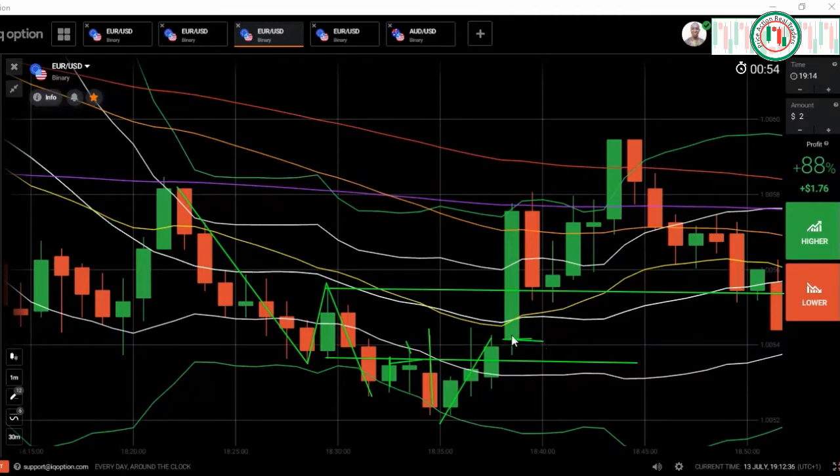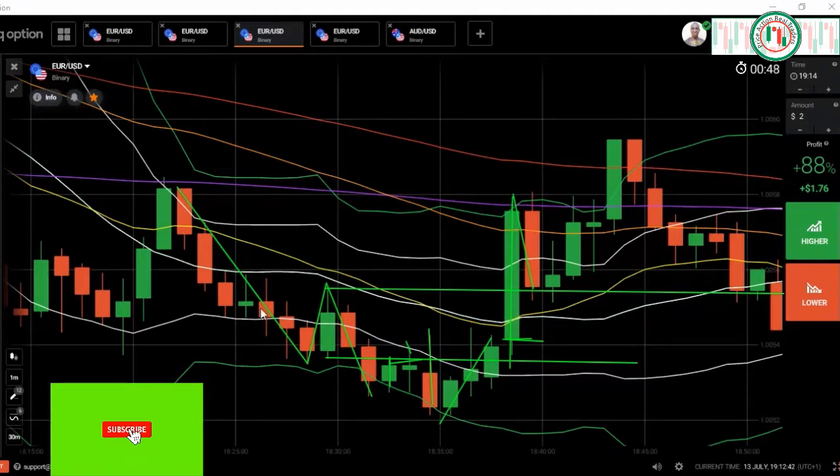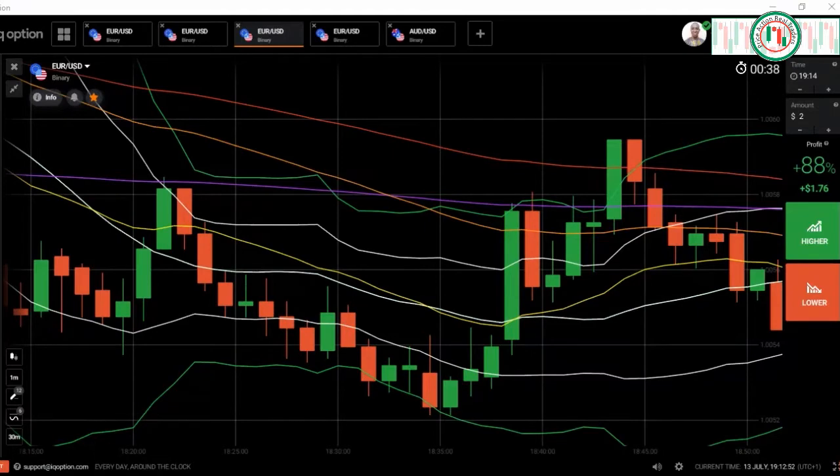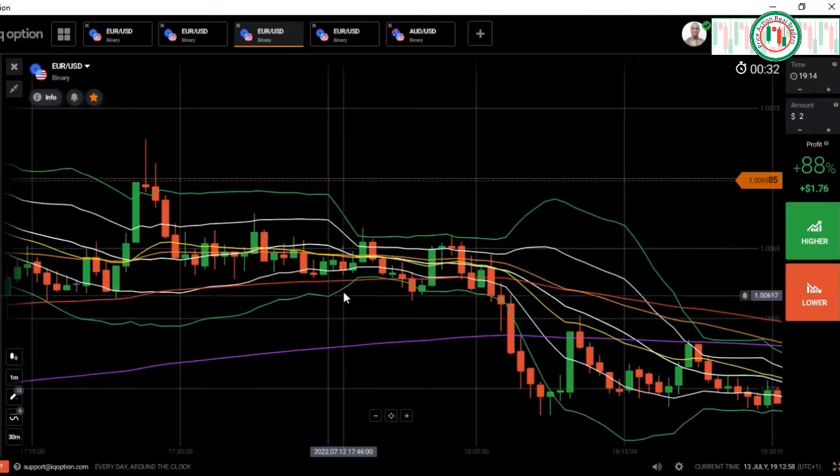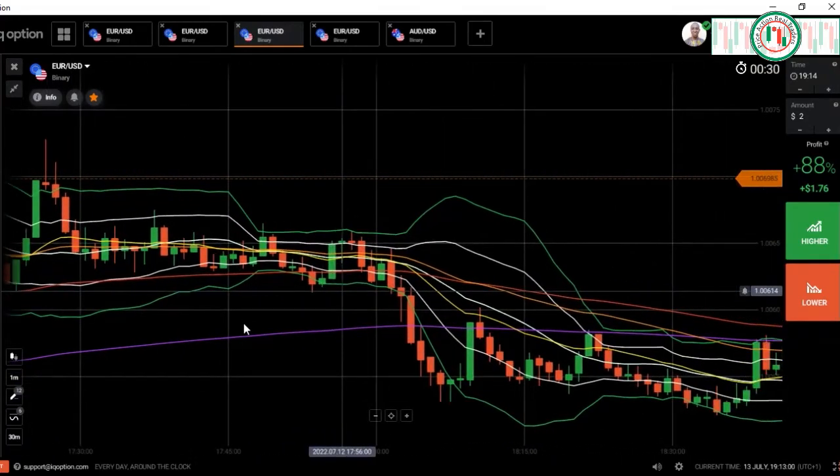You see gap up, then you wait. Immediately after breakout, you place put option. Very, very simple strategy, and it works almost 90% of the time. It's hard to fail if you can identify very well here.